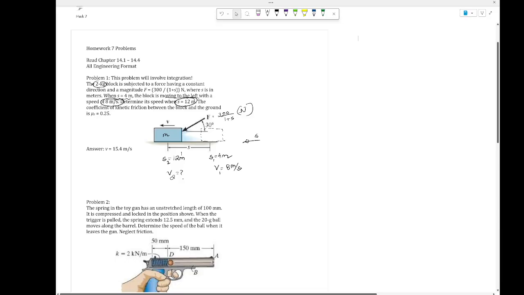Okay, so the kinetic friction coefficient of the block on the ground, mu k, is given as 0.25. Because of the friction force that acts in this direction, right? If the block is moving in the opposite direction, the friction force is opposite to the block's motion, with mu of 0.25 for the friction force, right?